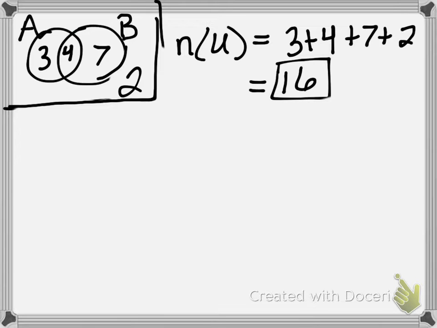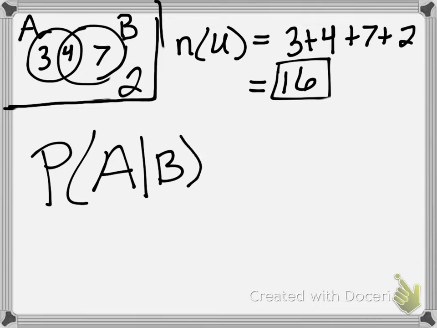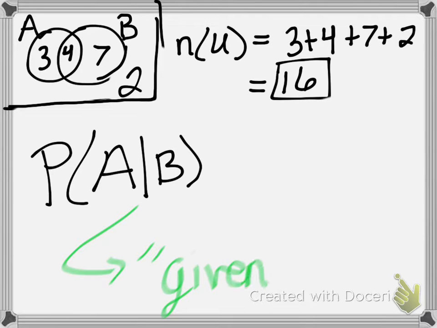Now the last probability I want to talk about is this one. This vertical line means given. So what's the probability of A given B? What this kind of means is, what's the probability of A happening if you already know B is happening?